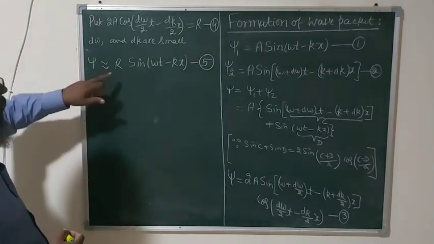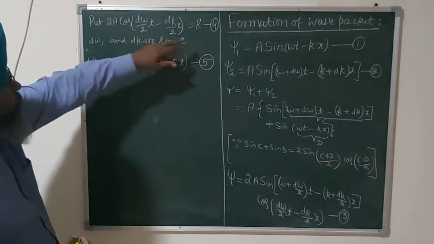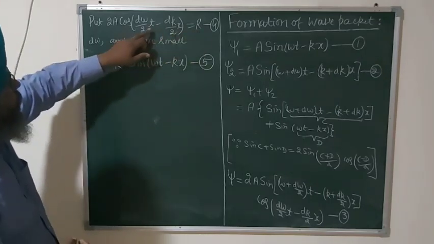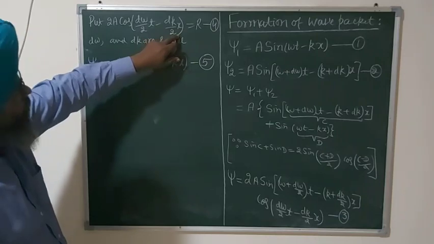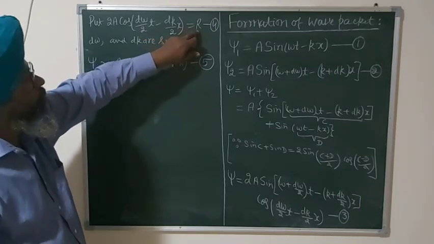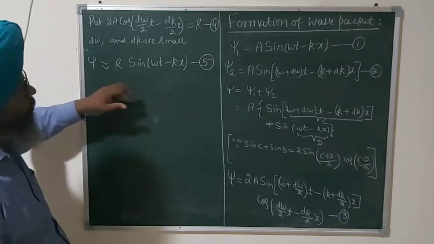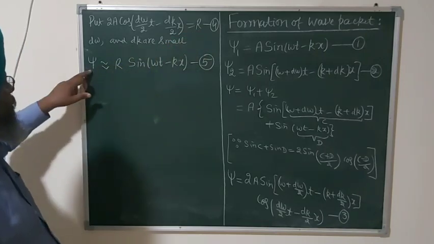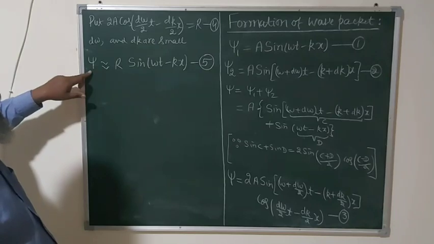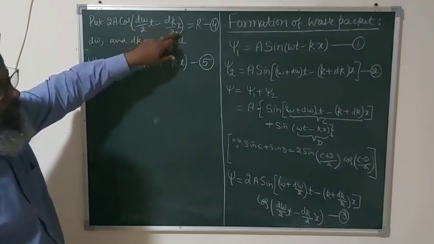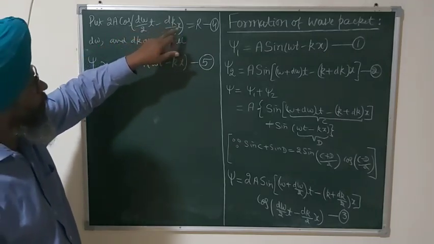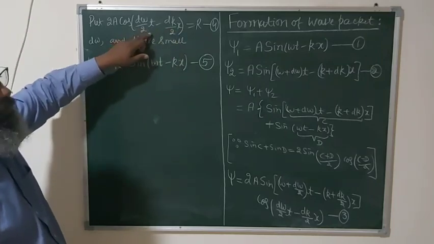Okay, now what is this r? If I look at equation number 4, r is a function of t as well as x. What is the meaning of this? The amplitude of the wave packet, which is represented by equation 5, is a function of t at different values of x, and it is a function of x at different values of t.